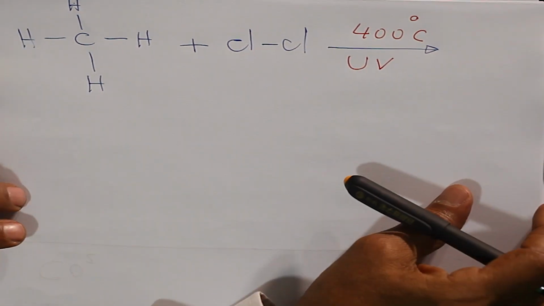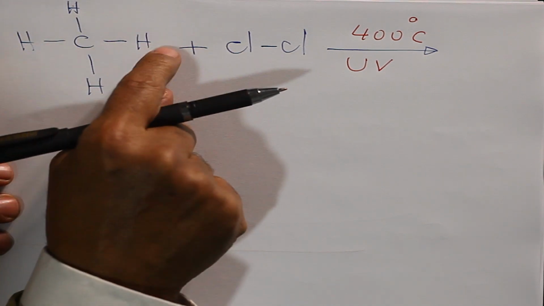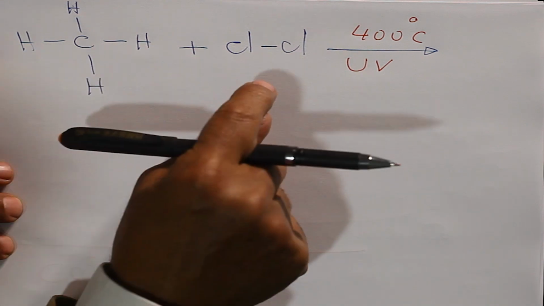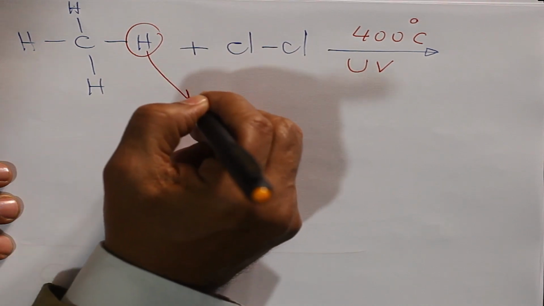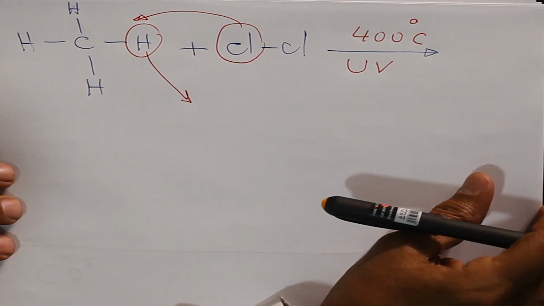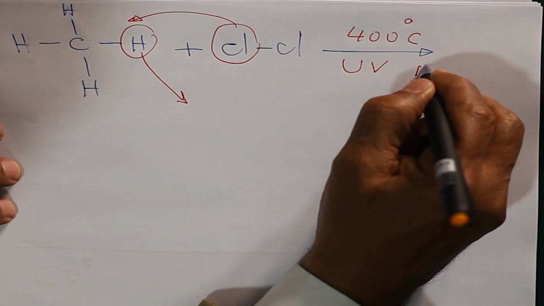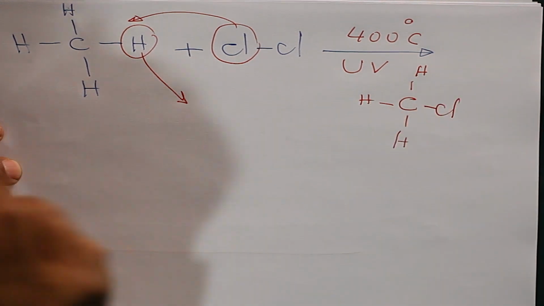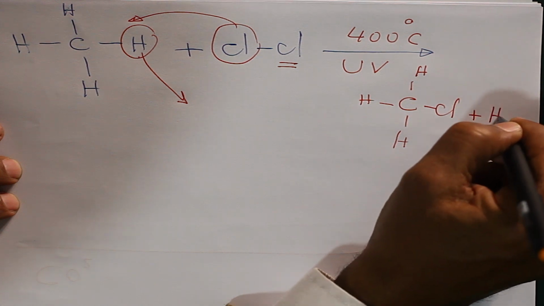What happens? This compound has all single bonds of sigma type, so the reaction will be a substitution reaction. Take a hydrogen and replace it with Cl. Substitution reaction. Cl and H combine, forming HCl.